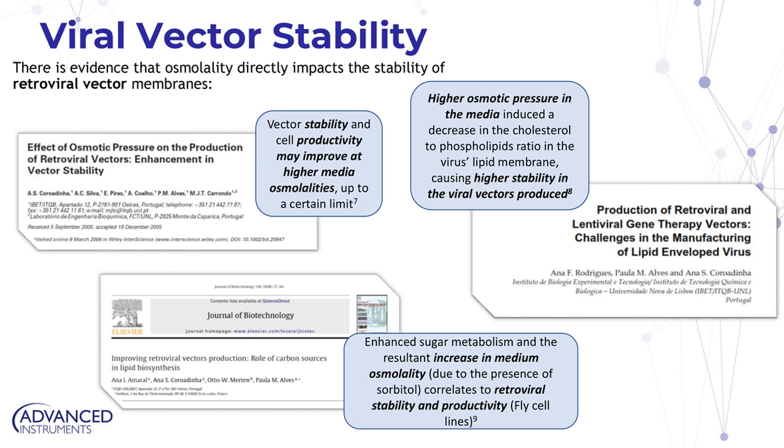So a relationship was established between higher media osmolalities. You'll notice that trend. We keep seeing that if you go above that typical 290 milliosmoles, you may start to see some positive effects when it comes to yield and productivity. Same story here. They linked vector stability and productivity at higher levels to higher osmolalities.